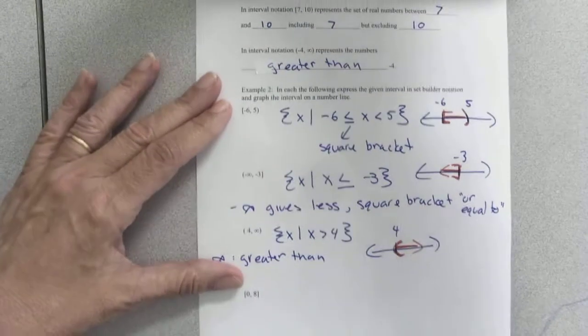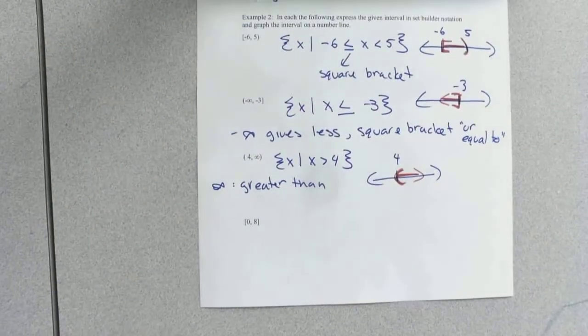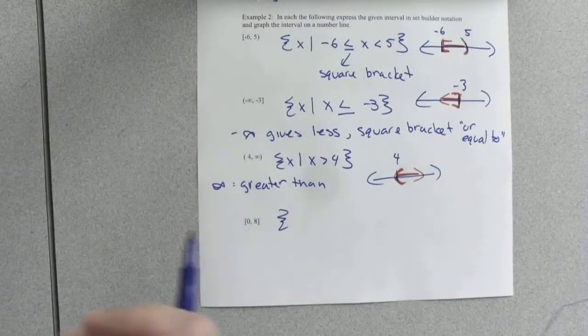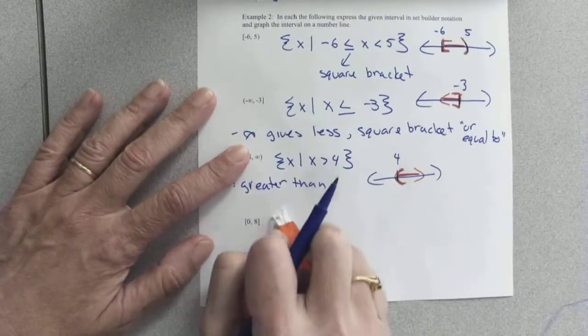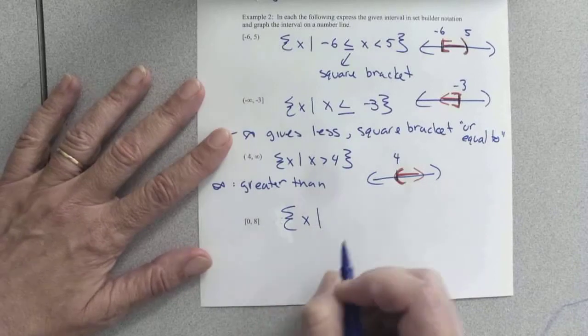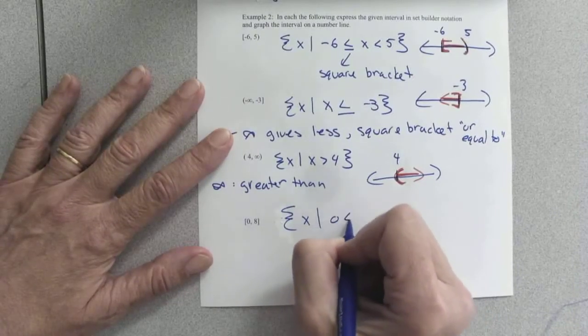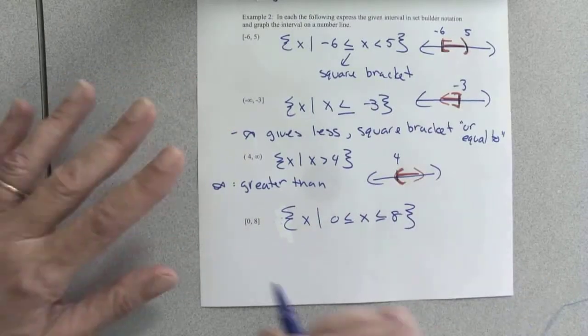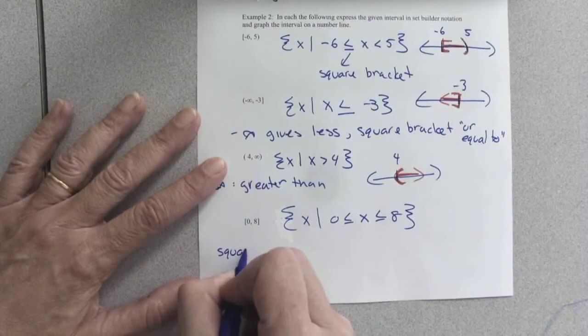And lastly, the closed interval 0 to 8. That's going to be the set of all x such that 0 is less than or equal to x, less than or equal to 8. They both have square brackets.